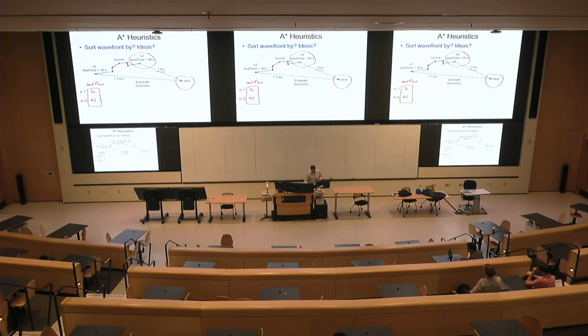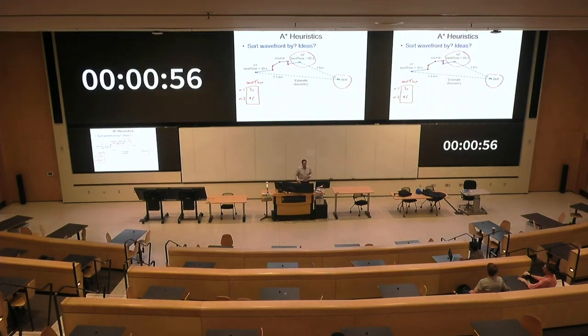It's only 1 kilometer away, whereas N1 is 1.5 kilometers away. So can you think of a way to sort the wavefront where N2 is more likely to be looked at sooner? So I'm going to give you a minute to think about that. And then we'll call on you.